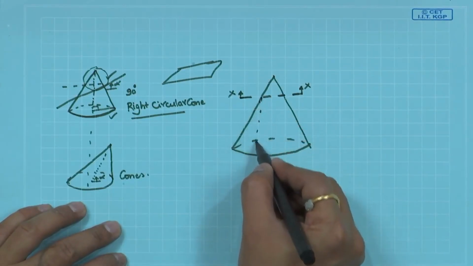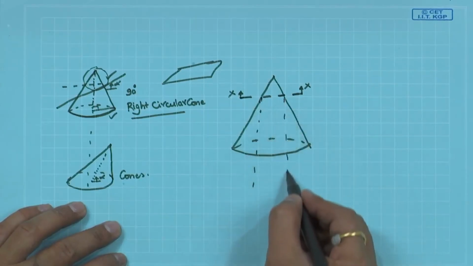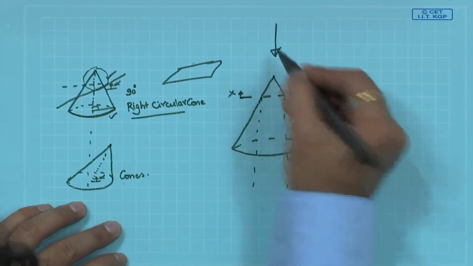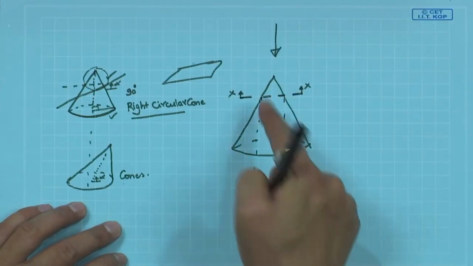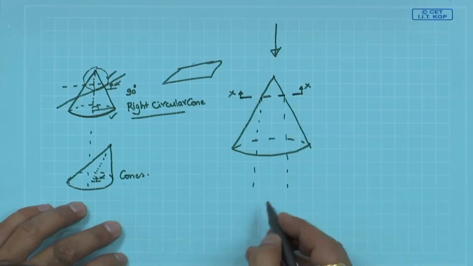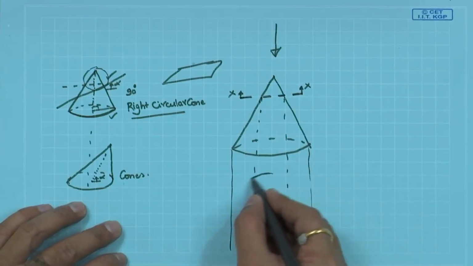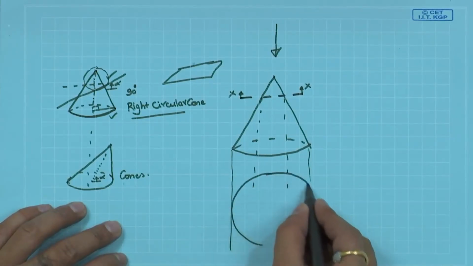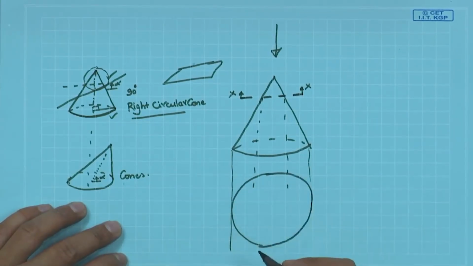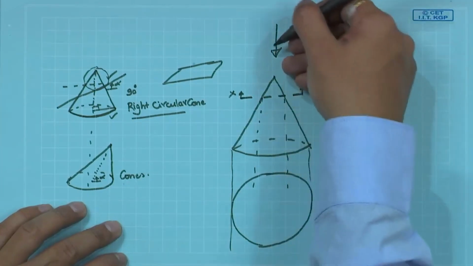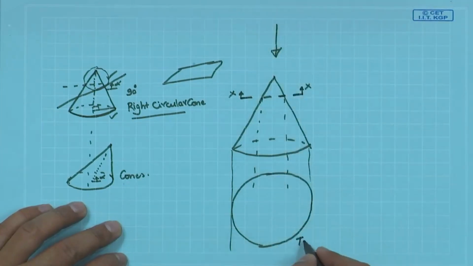So, if we are looking at a view all the way from the top, a cone without any cut sections perhaps looks like a circle. This kind of view, where from the top we are trying to look, is what we call the top view.